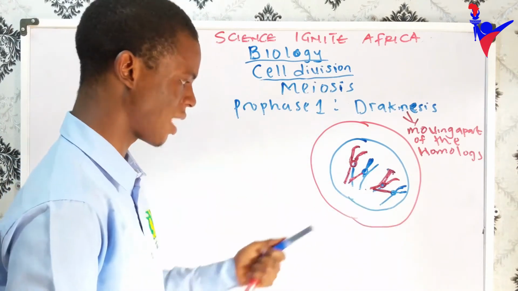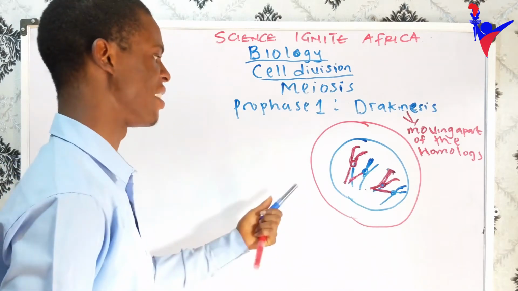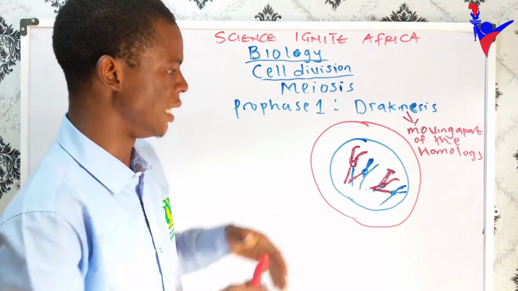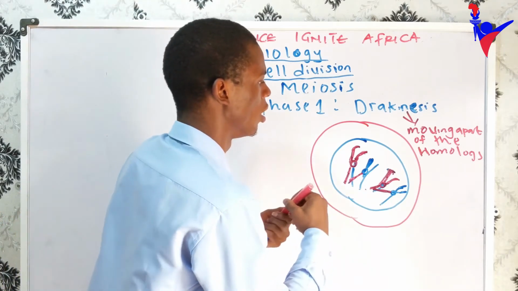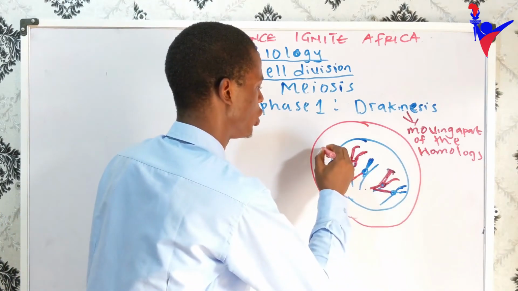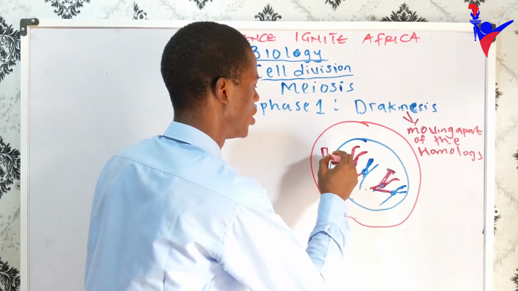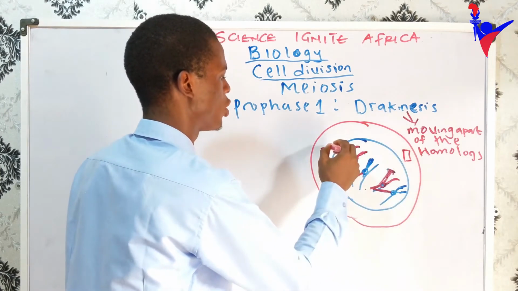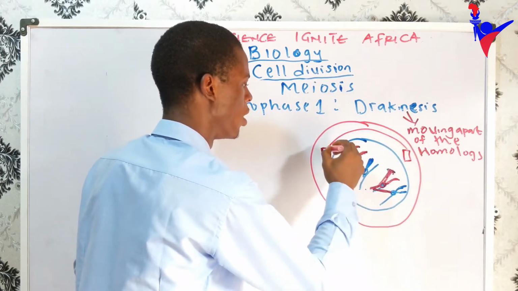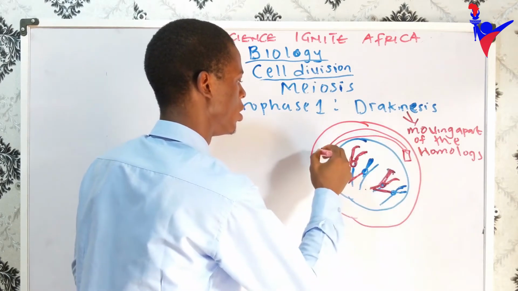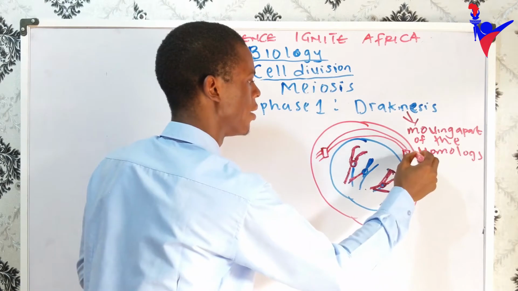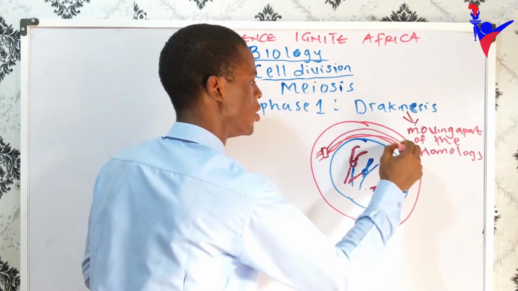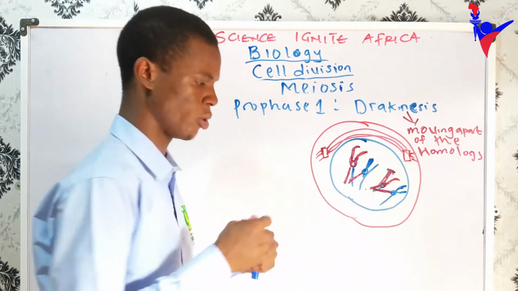The nucleolus has disappeared, and we also have the formation of spindle fibers. The spindle fibers tend to form. You can see them forming.